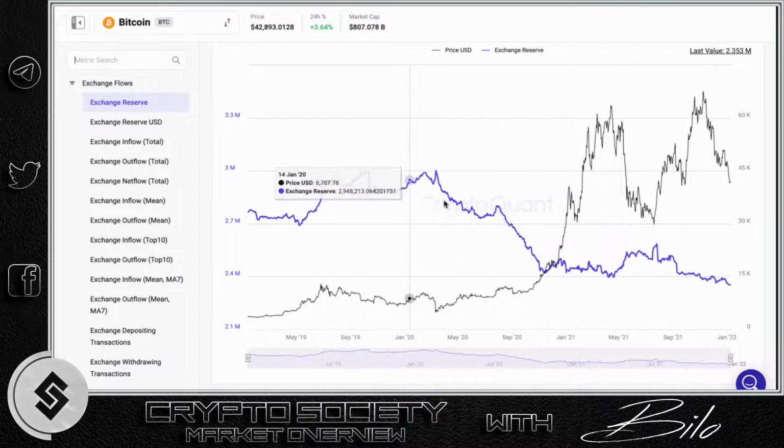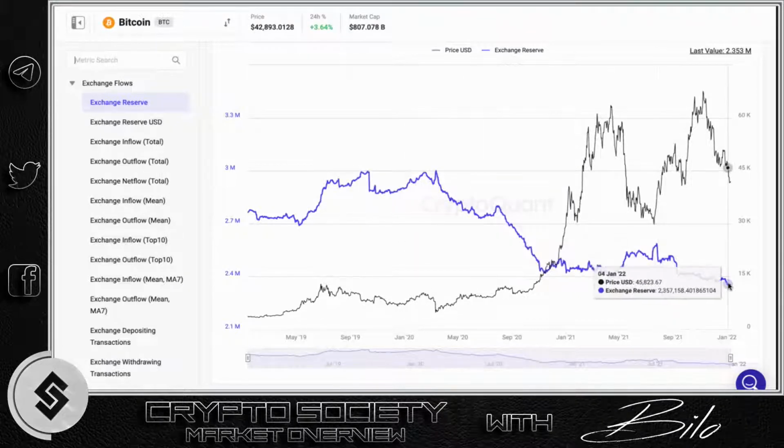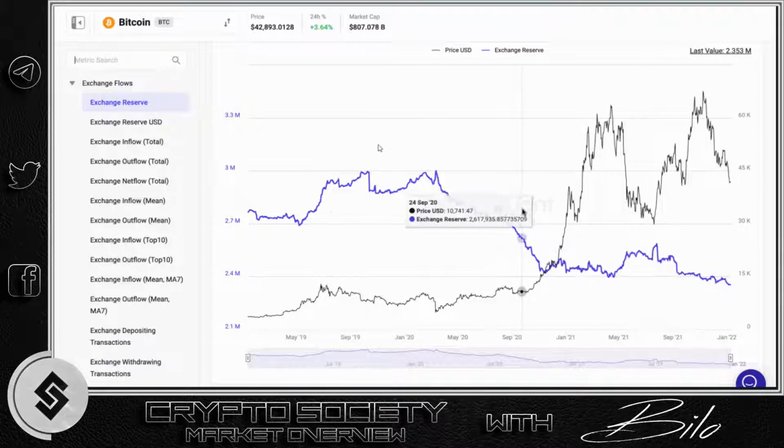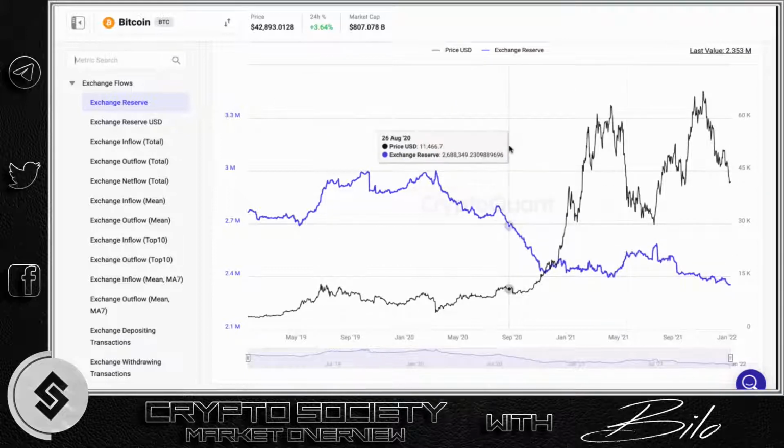So the fact that it continues to go down, meaning that there's less and less Bitcoin available on exchanges, just says that the sentiment in the market is, you know what, we're dropping, it's okay, we're not worried, we're going to go back up. This is the only thing that this chart tells us, is we're going back up. It doesn't say anything else.